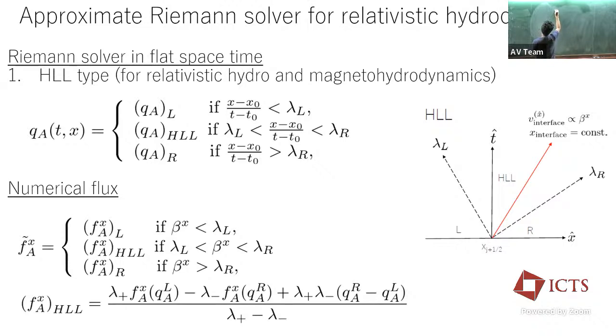In the first case, lambda L is something like this, but here x at j plus 1/2 is a constant, which means that beta x is proportional to the shift vector, right? If that drag velocity is smaller than, sorry, no, I'm wrong.